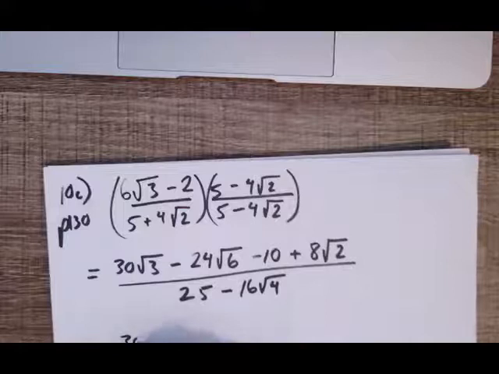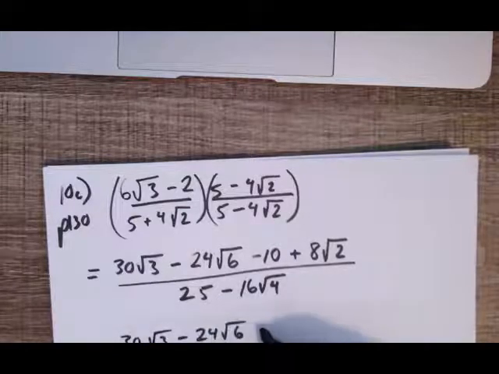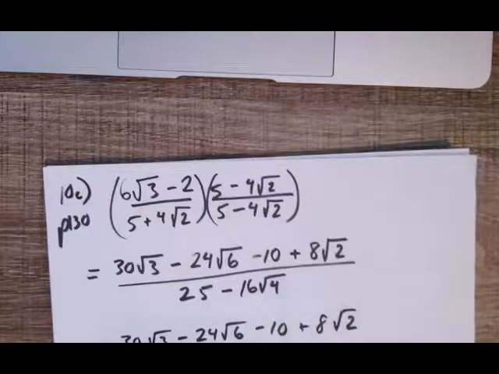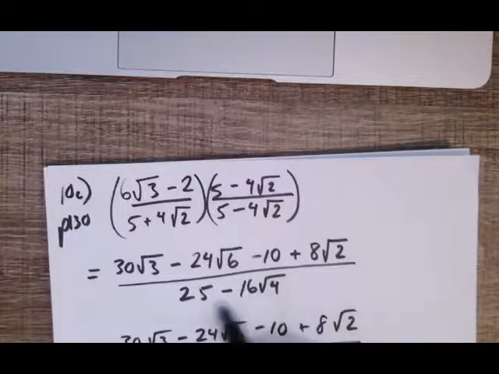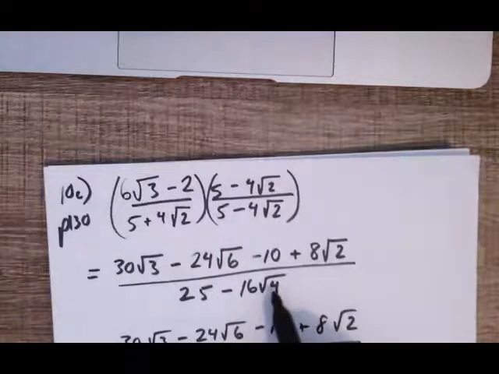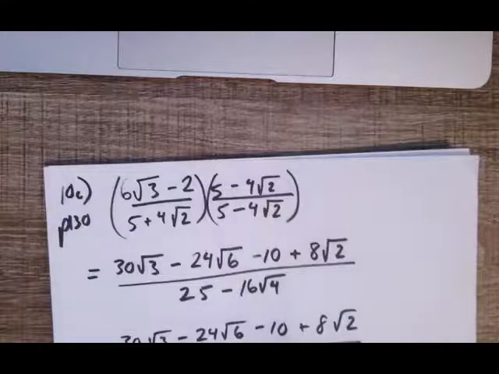So I'll do this whole top mess again. 30 root 3 minus 24 root 6 minus 10 plus 8 root 2. 25 minus 16 root 4. Root 4 is 2. 16 times 2 is 32. 25 minus 32 is negative 7.